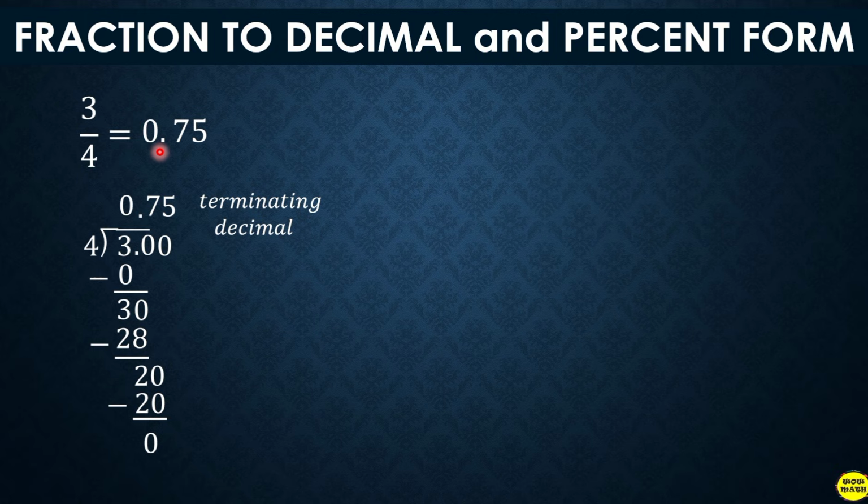So, paano natin i-convert si 3/4 o 0.75 sa percent naman? So, ito yung fraction, ito yung decimal. How are you going to convert it into percent? So, lagi lang natin ita-times by 100 and then move the decimal point 2 units to the right. So, pag minove natin, 1, 2, so therefore, this is 75%.